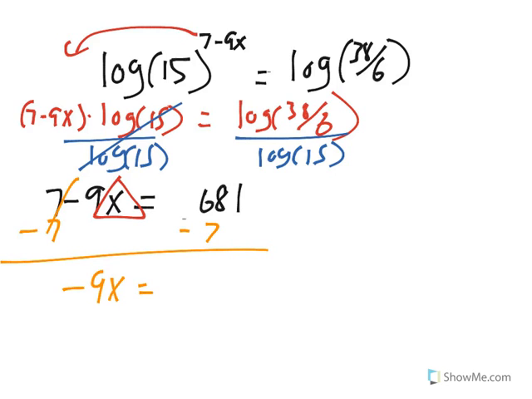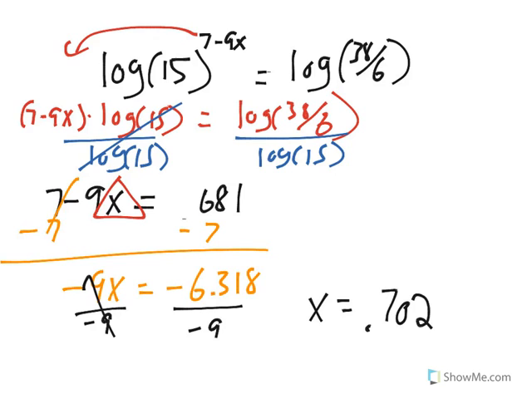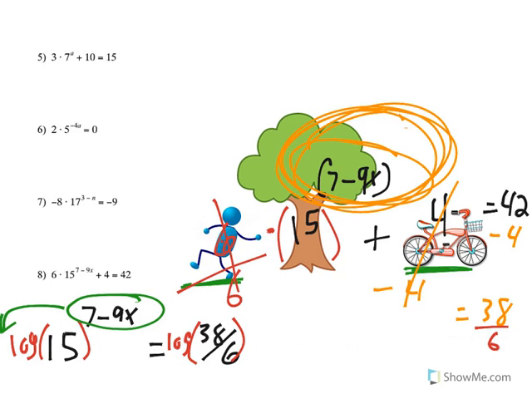Negative 9x equals negative 6.138. And last step, divide that negative 9 over. Negative by a negative will give me a positive. How about positive 0.702? And even if you're an excellent guesser, I think it's going to be very difficult to guess that x equals 0.702 when you start off looking at this crazy equation.